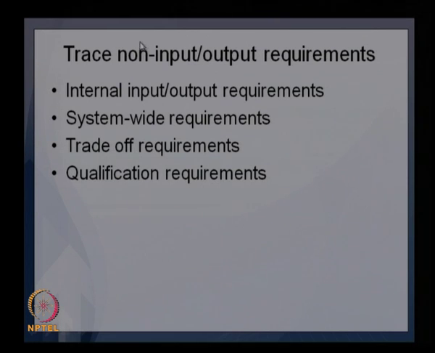We have input output requirements which are traced using the IDEF0 diagram, but there are other things to be done: internal input output requirements, system wide requirements, trade off requirements and qualification requirements. These need to be traced into the system when we develop the allocated architecture, and we will discuss the tracing of these non input output requirements in the next class.